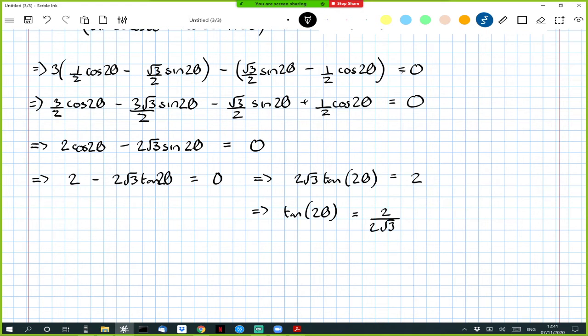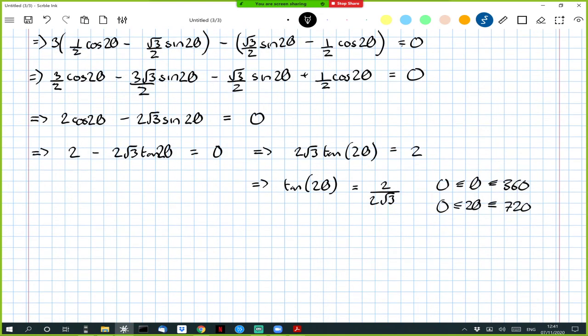Which means that tan of 2 theta equals 2 over 2 root 3. And remember, we need to solve that for 0 less than or equal to theta less than or equal to 360. But we're currently solving this for 2 theta, so we need to double everything. So the limits are doubled.